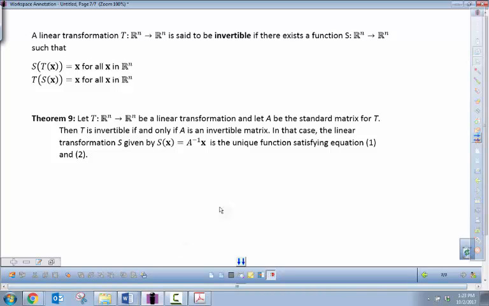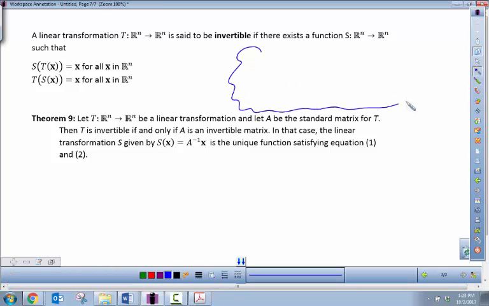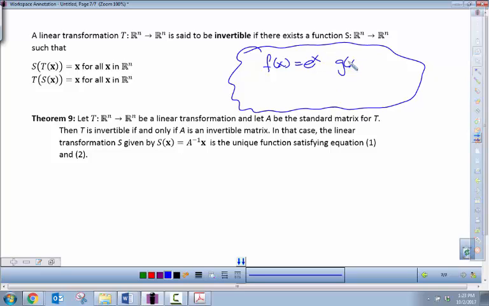So this should remind you of f of x equals e to the x back in pre-calculus, and g of x equals ln x.